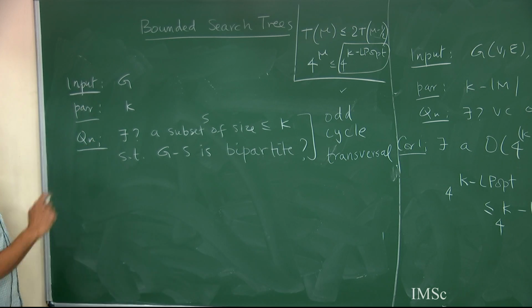Okay. So, how does it work? You are given this graph G where I am interested in odd cycle transversal.